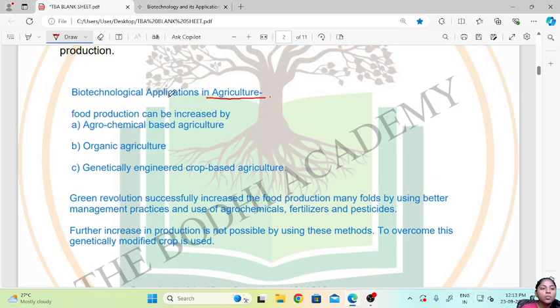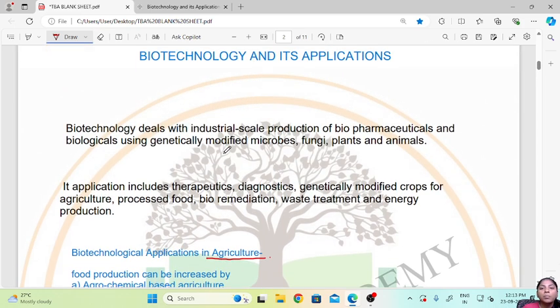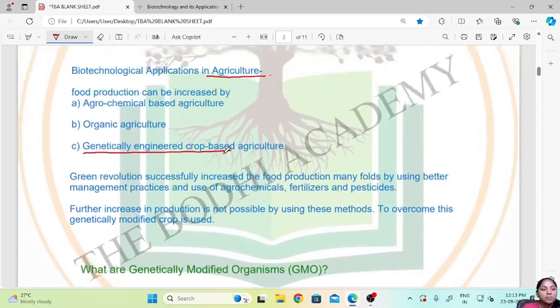Food production can be increased by agrochemical based agriculture, organic agriculture and genetically engineered crop based agriculture. This genetically engineered crop is made using biotechnological tools.